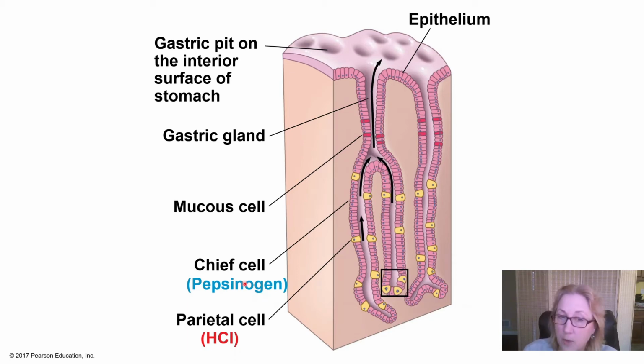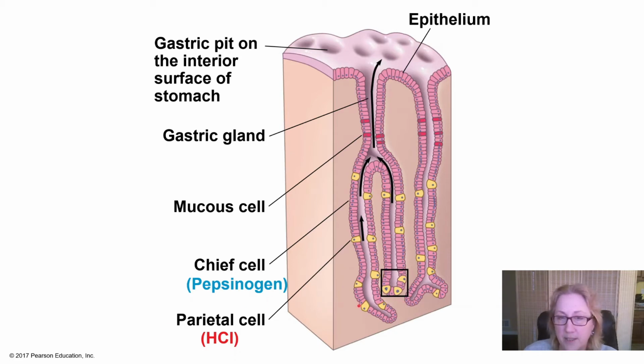And even if it was in the active form pepsin, it could not function. Remember that enzymes have a pH at which they are optimally functional, and the optimally functional pH for human pepsin is about a pH of 2. So if your stomach is not acidic enough, pepsin cannot function, and it won't even be cleaved into the active form most of the time.